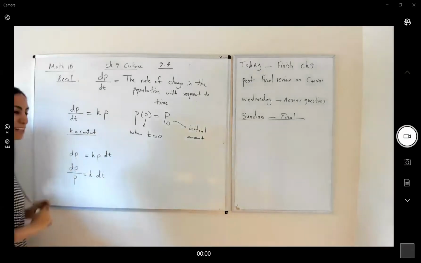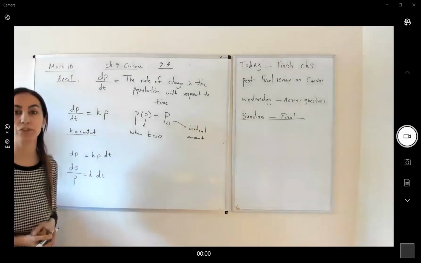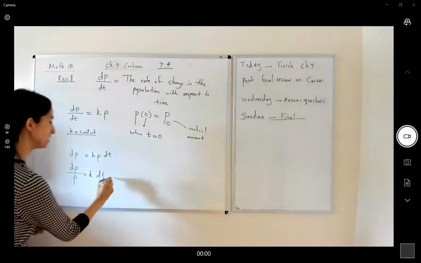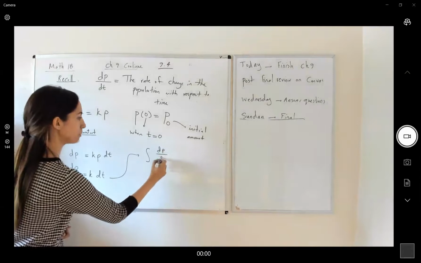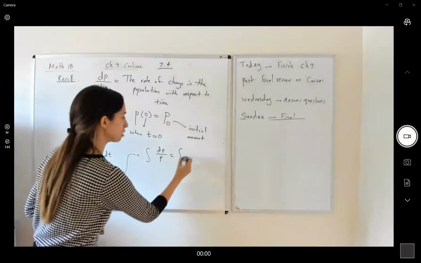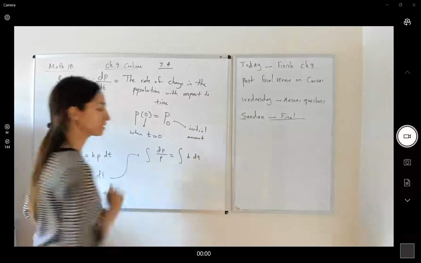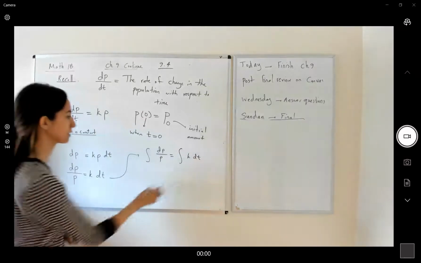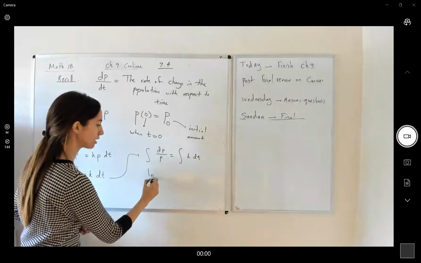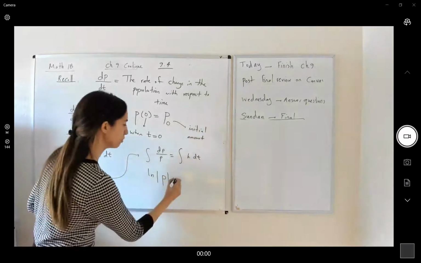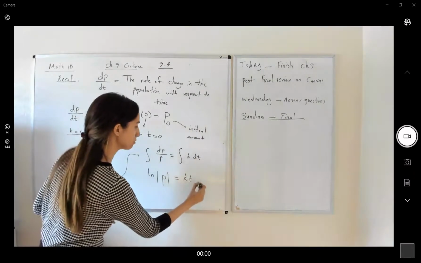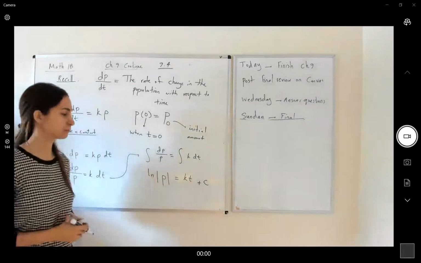So now, as you can see, you have a separable differential equation. You can take the integral of both sides. The integral of dp over p is equal to the integral of k times dt. On the left-hand side, you have ln of absolute value of p equals kt plus c.